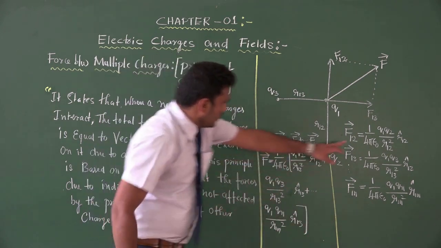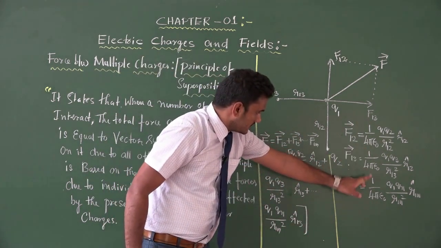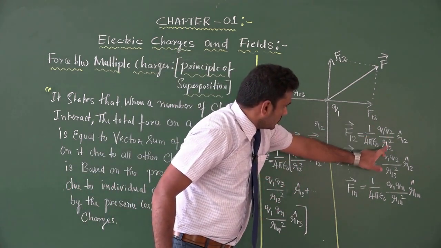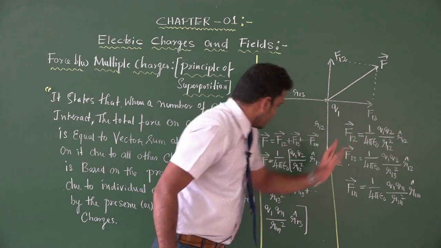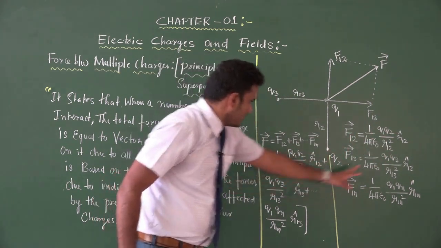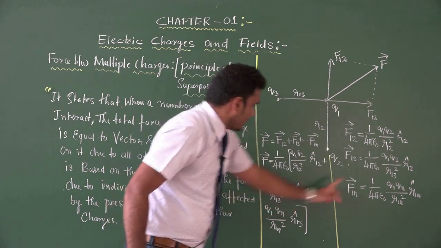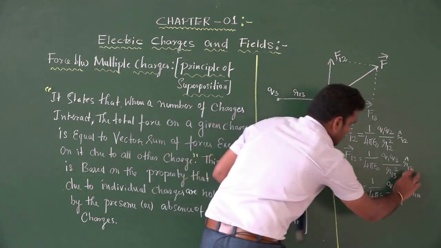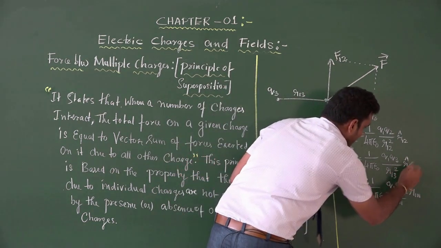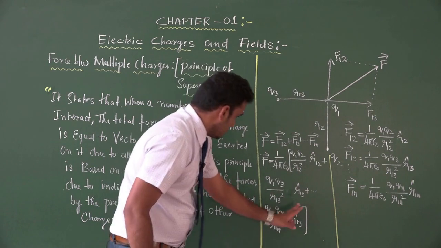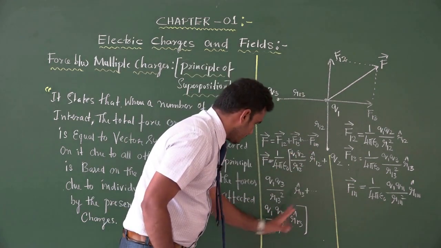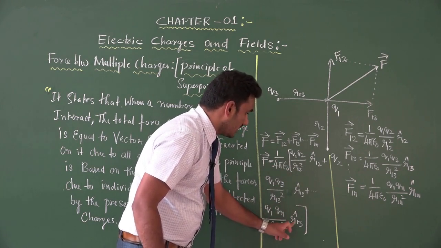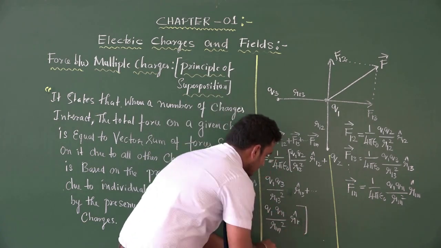Look at this, 1 over 4 pi epsilon naught I have taken common. The remaining thing: Q1 Q2 divided by R12 whole square R cap 12, plus Q1 Q3 divided by R13 whole square into R cap 13. This is 13, not 12, plus Q1 Qn divided by R1n square R cap 1n. This is 1n.